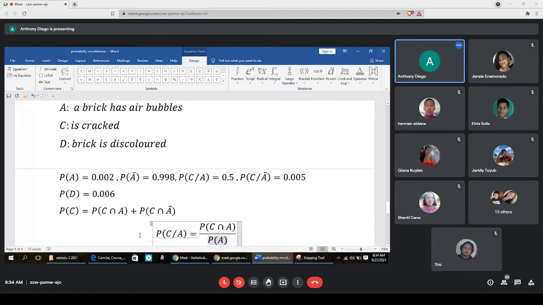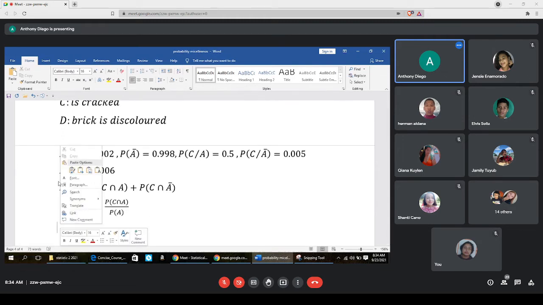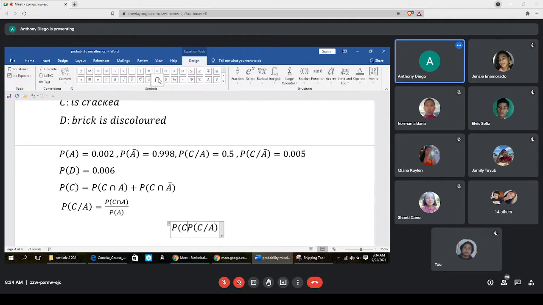So like what you said, we can have the following: the probability of C intersecting A will be equal to the probability of C given A times the probability of A. Just like what you rightly said a while ago.